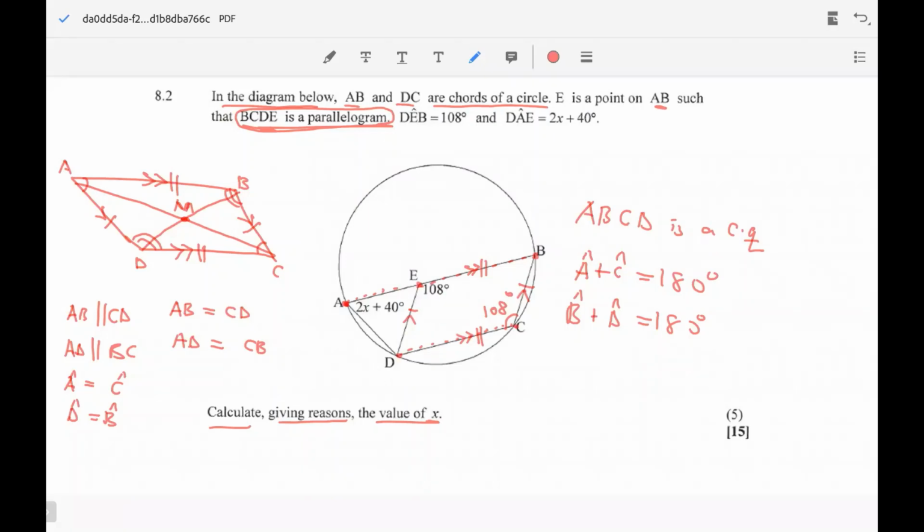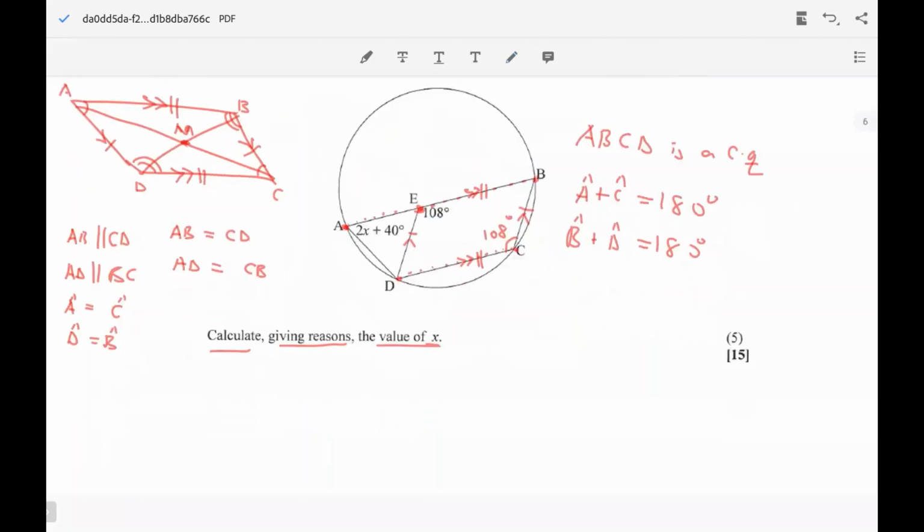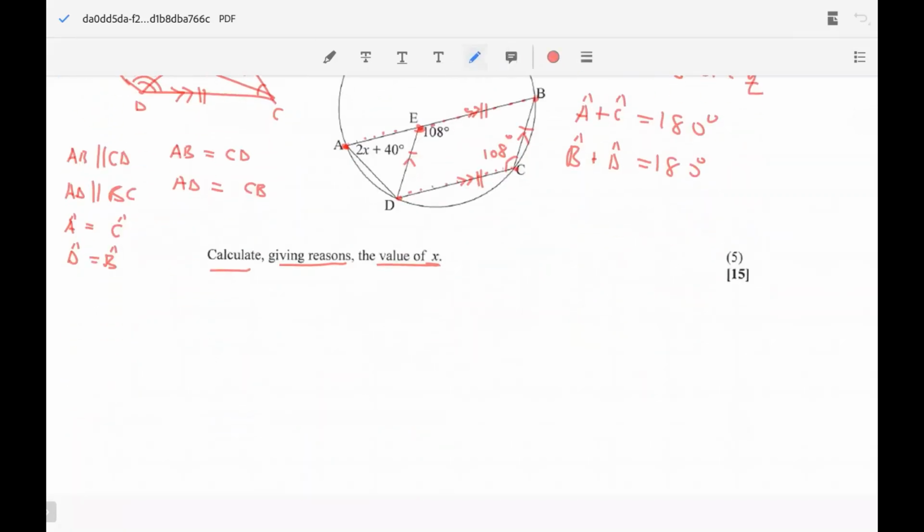What we have is that angle C should equal our angle E in that quadrilateral. So that's what we are going to use. I need space to write there.